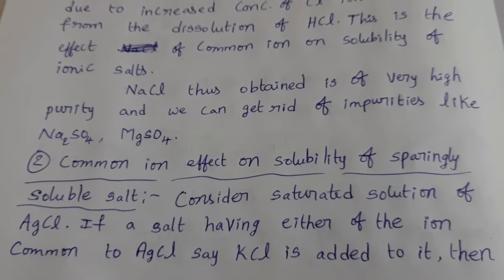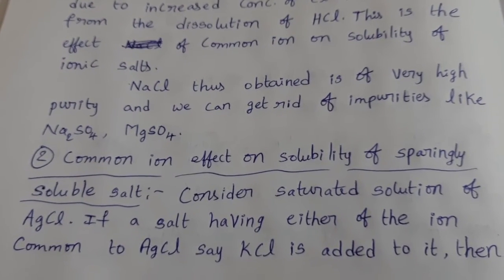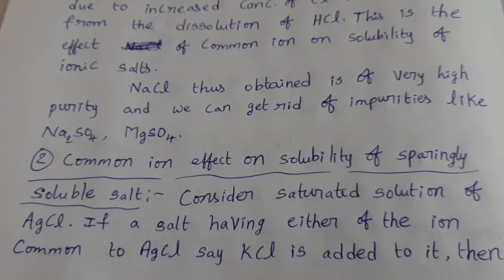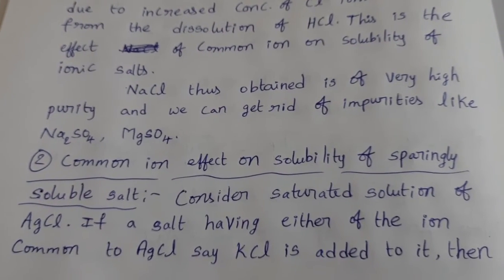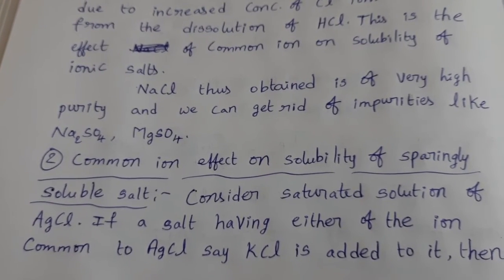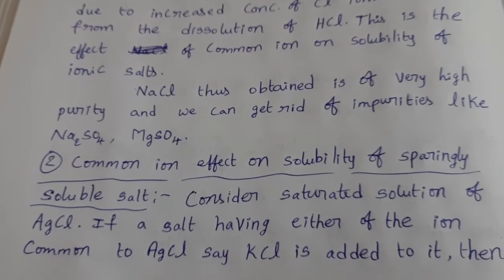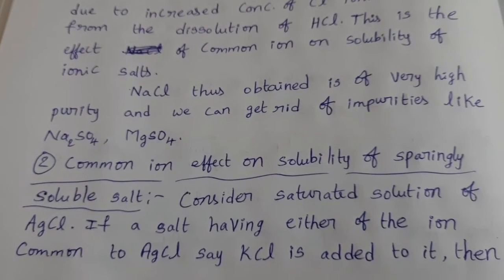Now to this solution, if we add a salt which has an ion common to these ions, that means the added salt may have either Ag+ ion or Cl- ion. For example, if we add KCl to this AgCl solution, KCl is a salt.